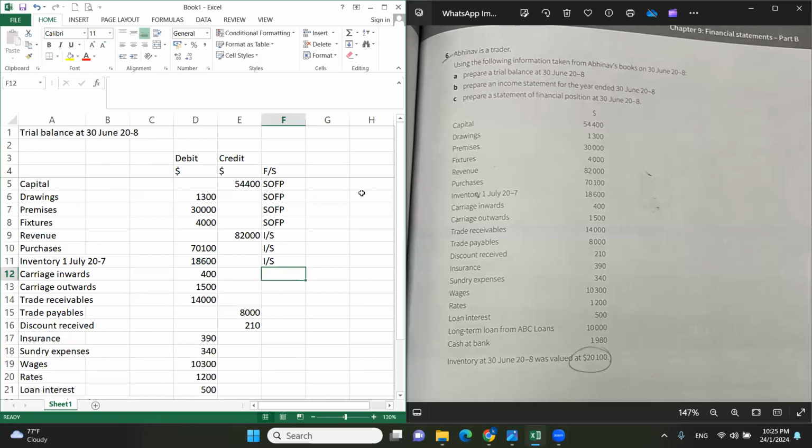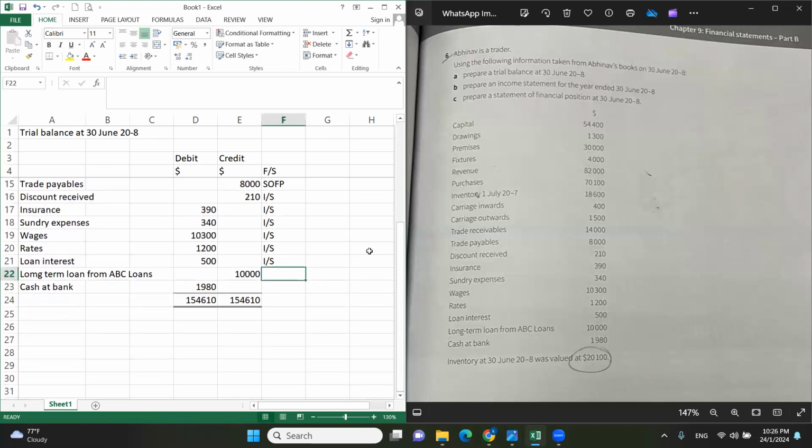And then carriage inward under income statement, carriage outward income statement, trade receivable under SOFP, and then trade payable also SOFP, discount received under income statement, insurance under income statement, sundry income statement, wages income statement, rates is income statement, loan interest is also income statement. This is liability SOFP, this is SOFP.